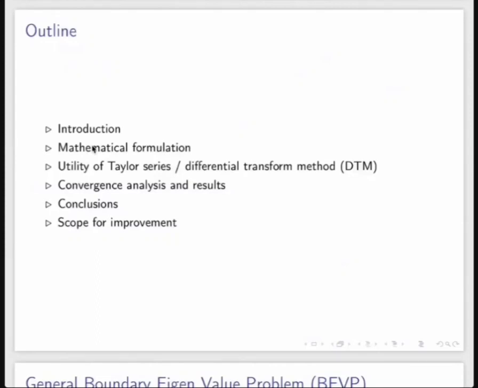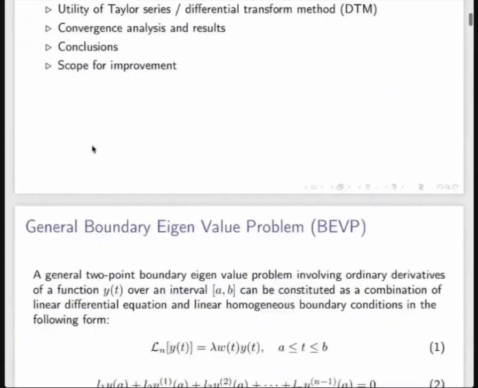And once we obtain the solution by the differential transform method, I would also highlight the accuracy and convergence analysis of the Taylor series, which will validate our results. Finally, we'll come up with some conclusions of the study and further improvements on the proposed method. Okay, so that's the outline of my talk.